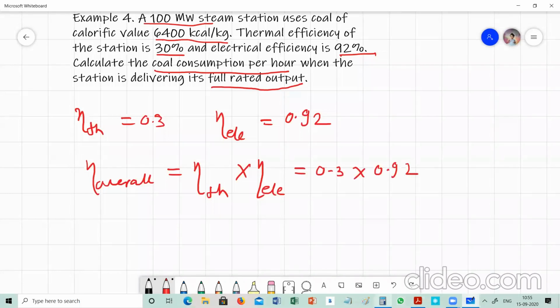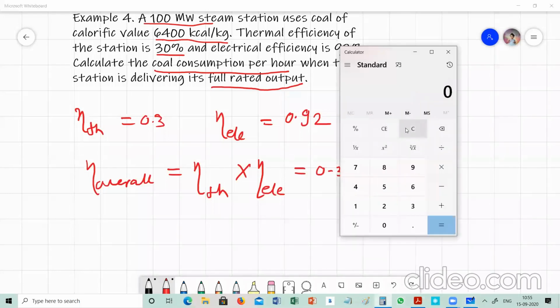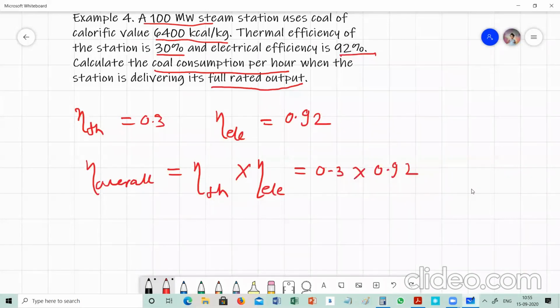I will perform the calculation here. 0.3 into 0.92 is 0.276, or 27.6%.